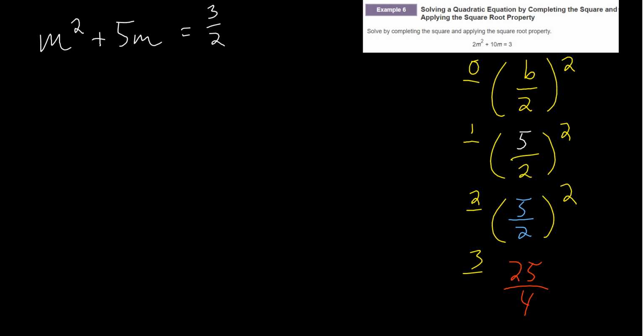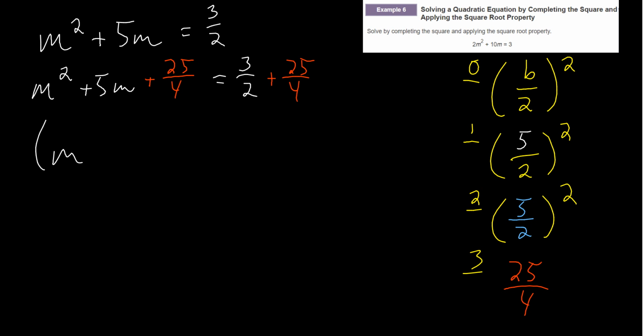So we have m squared plus 5m. We're going to add 25 over 4 to both sides. And again, keep track of my color coordination here. All right, well, the left side I can factor pretty easily into m plus 5 halves.